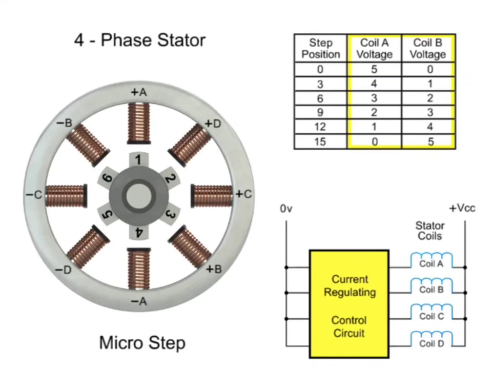Reducing the voltage to coil A and increasing the voltage to coil B, the rotor will begin to rotate in a clockwise direction and continues until the voltage is 0 at coil A and 5 at coil B. This process continues at all coils within the stator, providing accurate positioning.